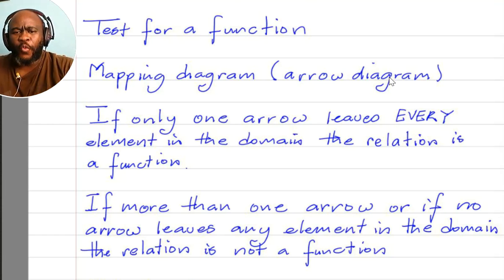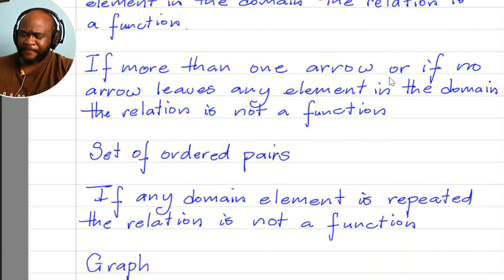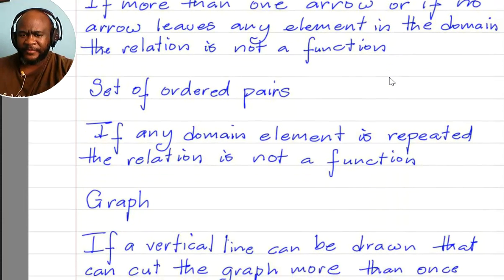If only one arrow leaves every element in the domain, the relation is a function. Emphasis on the word every. Now, if more than one arrow or if no arrow leaves any element in the domain, the relation is not a function. Um, a set of ordered pairs.